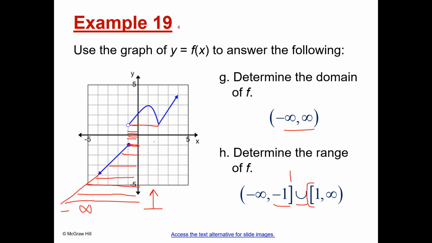This point is included. So we're going to write 1 to plus infinity. The function goes to infinity like this, takes all the values, and ends at infinity. So again, we use a parenthesis to indicate that infinity is excluded. A square bracket means that 1 is included in the function.